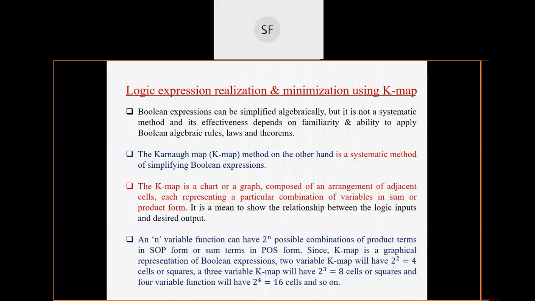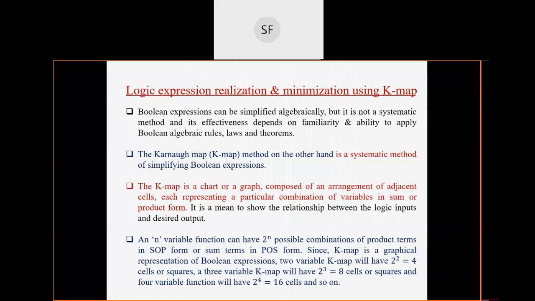We have seen that. Now since K-map is a graphical representation of a Boolean expression, the two variable K-map will also follow the same process, 2 raised to power n only. So a two variable K-map will have 2 raised to power 2, that is 4 cells.